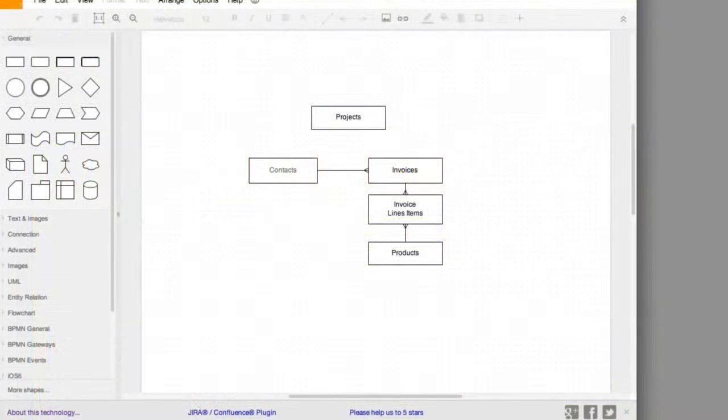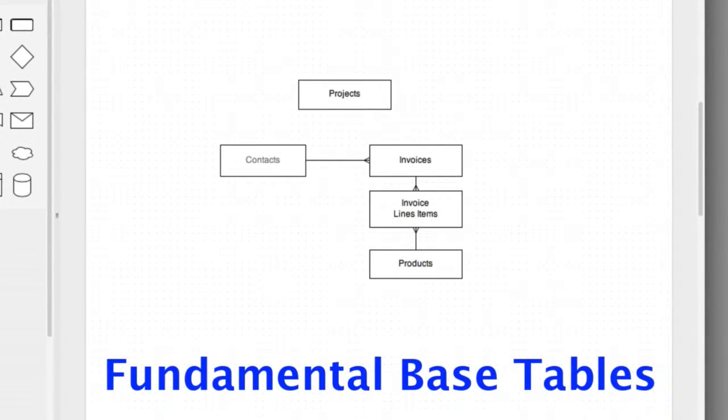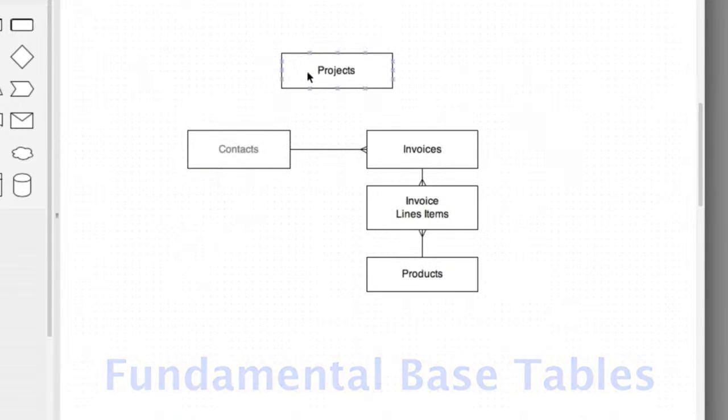An ERD doesn't work that way. An ERD represents the fundamental base tables, and therefore there's only one of each of those on screen at a time ever, right? Because there's only one contacts base table. We're not talking about table occurrences. This is the base table right here. Let me zoom in here a little bit.